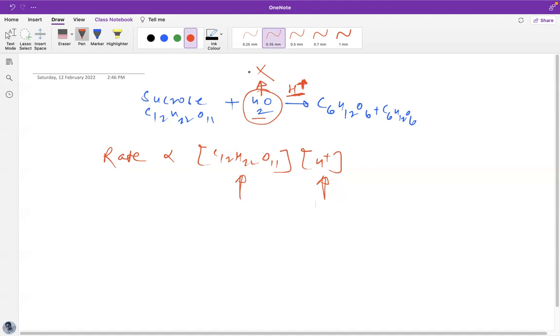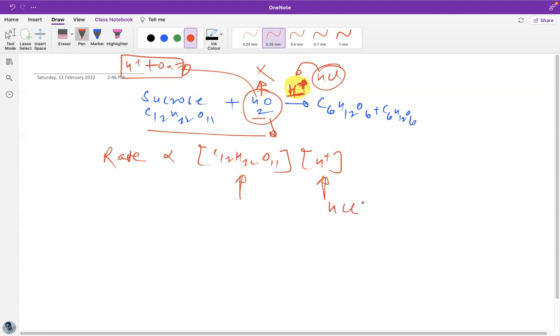Since this reaction is carried out in the presence of an acidic medium, this H plus can come from any source, like HCl, an H plus donor. So H plus is important here, and we take H plus with sucrose, not H2O, because H2O can also donate H plus and OH minus. But the concentration of H2O, whenever it is present as a reactant, will never be important. Makes sense? So this H plus comes from HCl, not H2O.